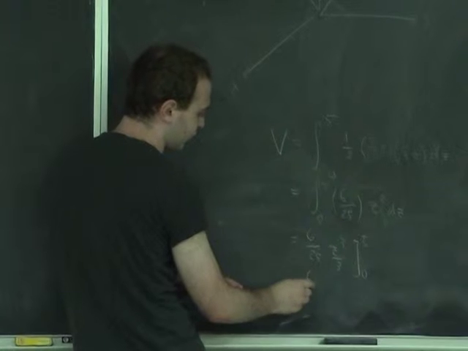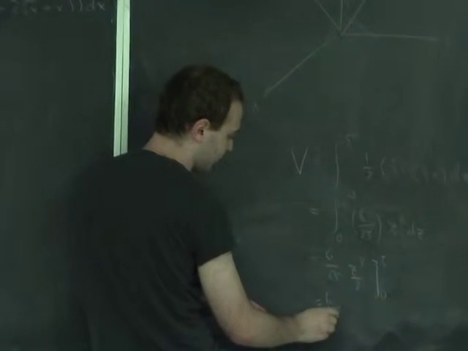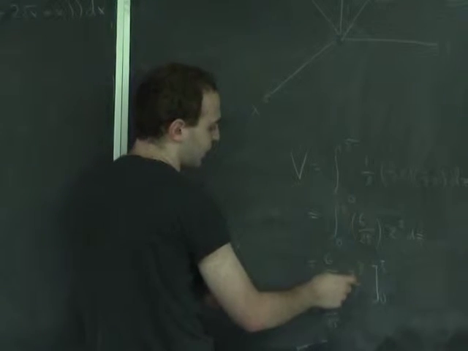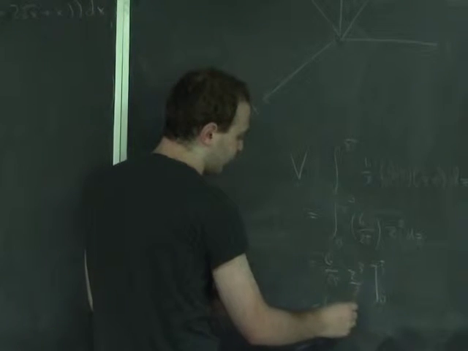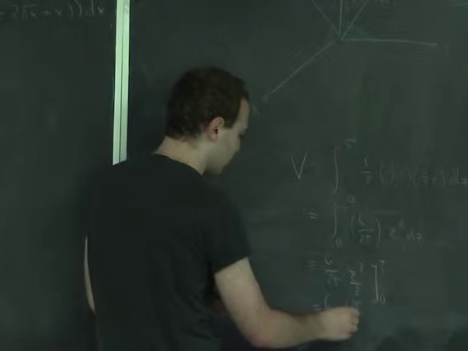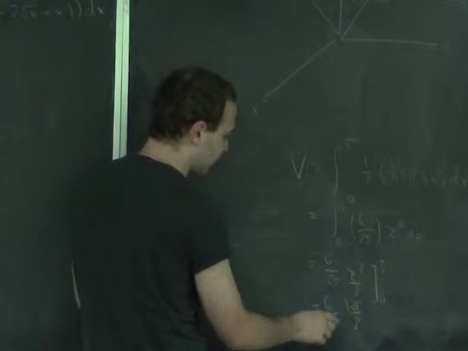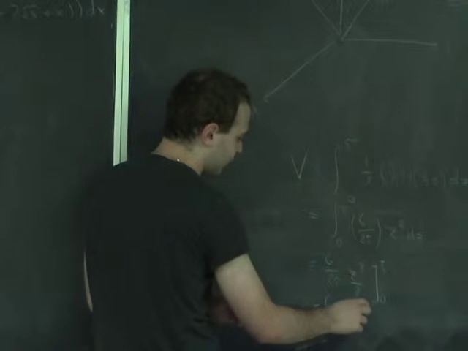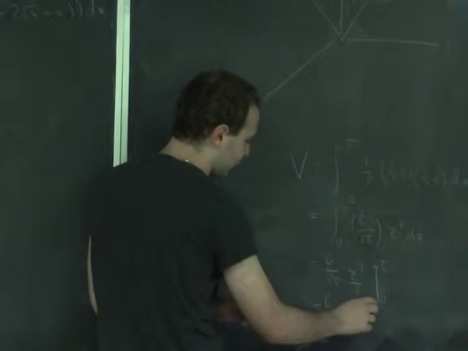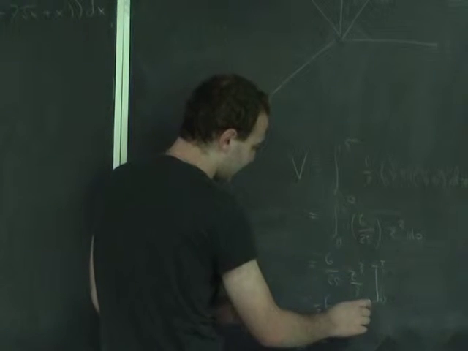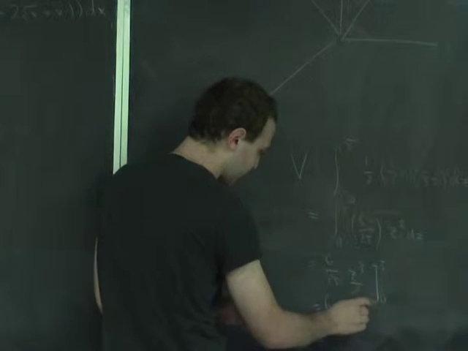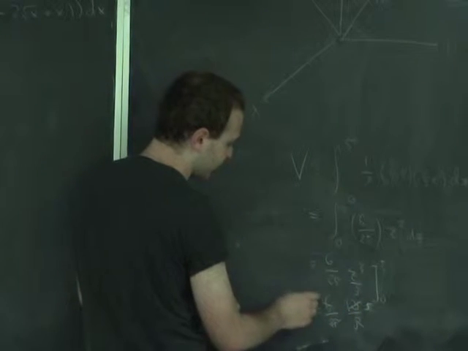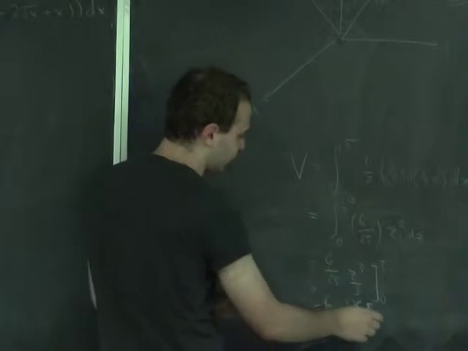And 0 doesn't matter because it cancels. And now we have 125 over 3. 25 and 125, this goes to 5. So we get 5/3, and then 6 and 3. This goes to 2, so I get 10.